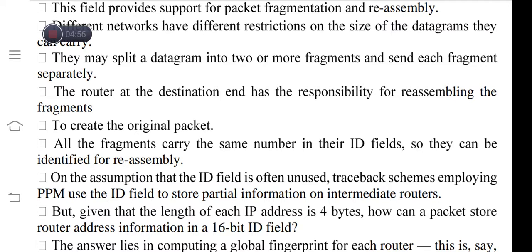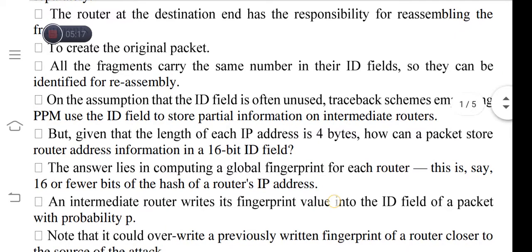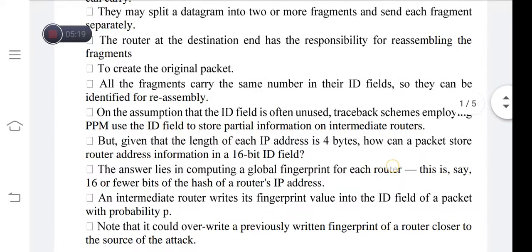The fragments have to be identified as to which particular source they belong to, so they carry the same number in their ID field, which helps in reassembly at the destination router. So, on the assumption that the ID field is often unused, the traceback schemes employing probabilistic packet marking use the ID field to store partial information on intermediate routers.